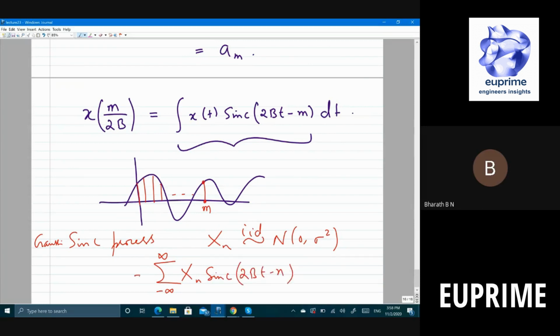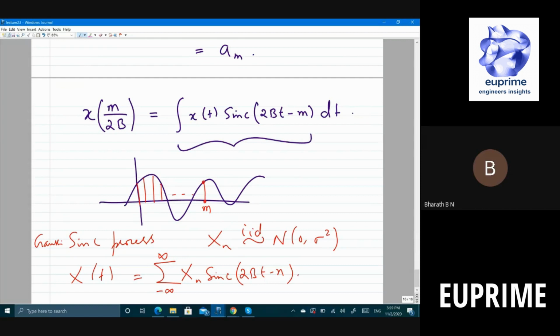The corresponding process x of t is called a Gaussian sinc process. All that I'm doing is choosing the amplitude according to a Gaussian IID, putting a sinc at each of these positions and then adding all of that. That resulting function is x of t. Okay, is that fine?